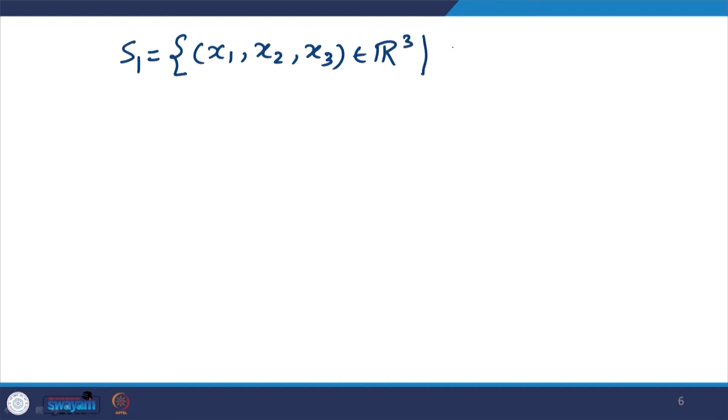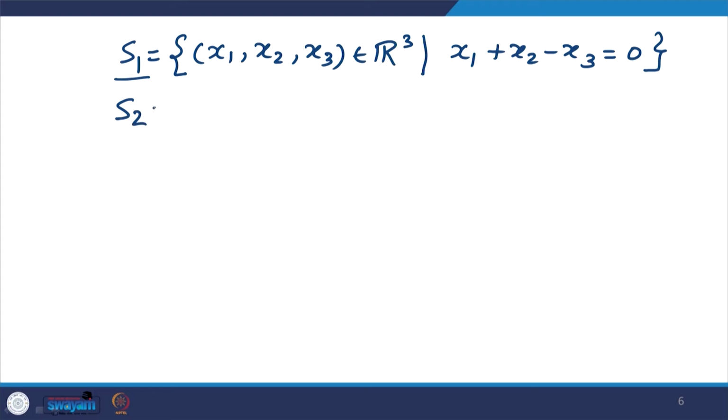How to see the intersection of subspaces? I have given two examples after the definition of subspaces. One was S1 = {(x1, x2, x3) belongs to R3 : x1 + x2 - x3 = 0}, and we have shown that S1 is a subspace of R3.